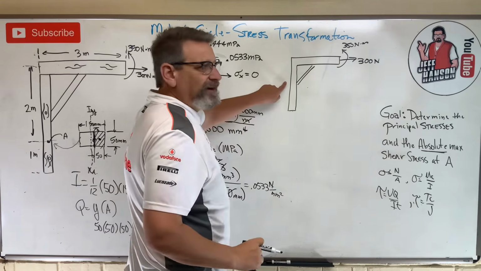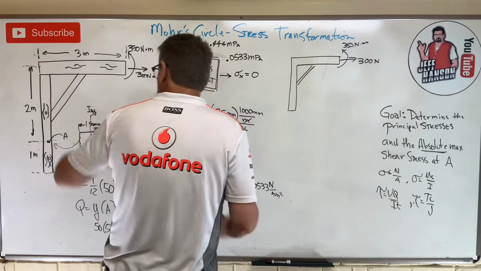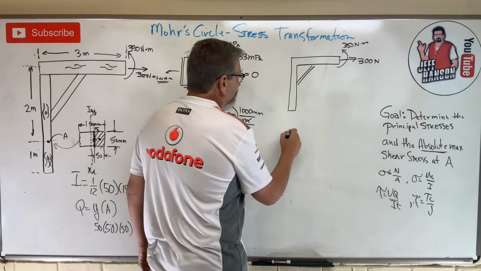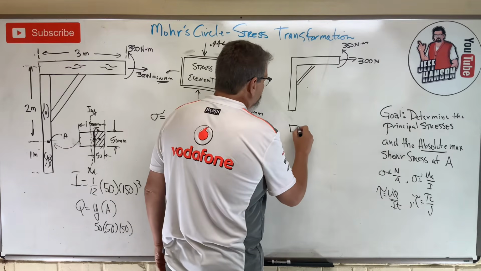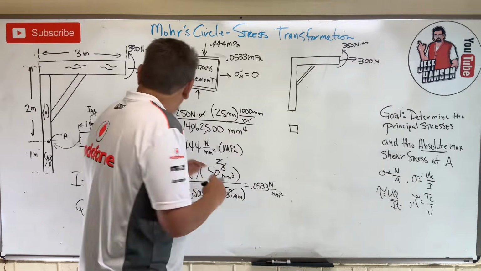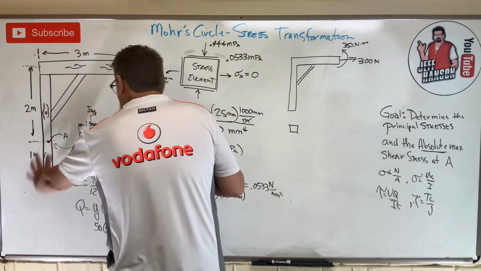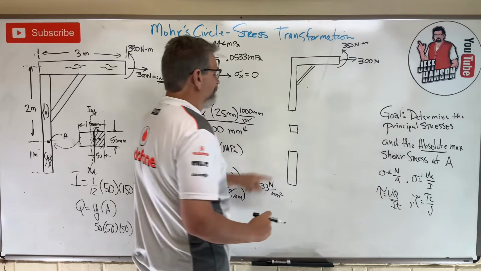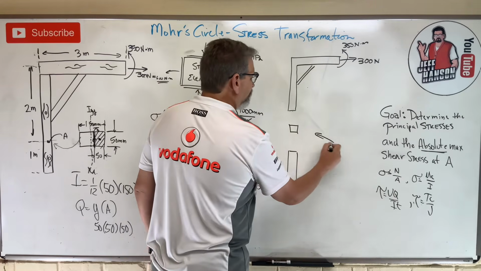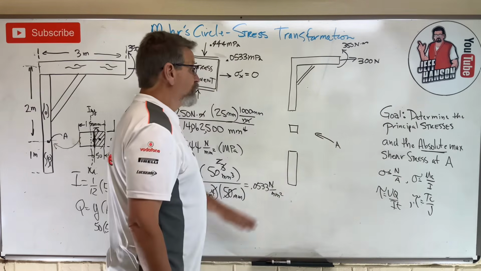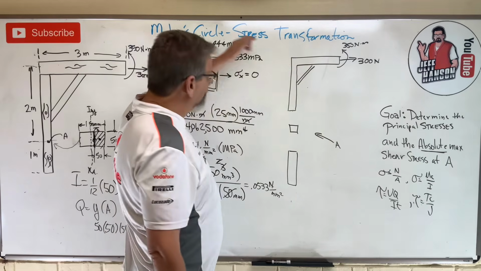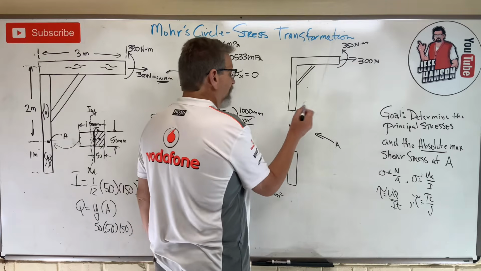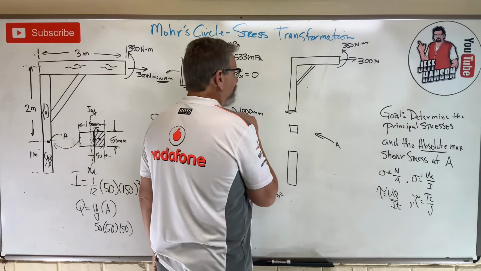Now this little free body that I drew was, I cut that beam in half at point A. So imagine I cut it in half at point A, but here is point A. Here's the little piece of material, right? I got this piece, and then I got this piece down here on the bottom, where it goes into the ground. But that right there is my little stress element. There's point A. So what do I have? Up here I have a shear of 300 going that way. So here I have to have what? For equilibrium, I have to have a V going that way.